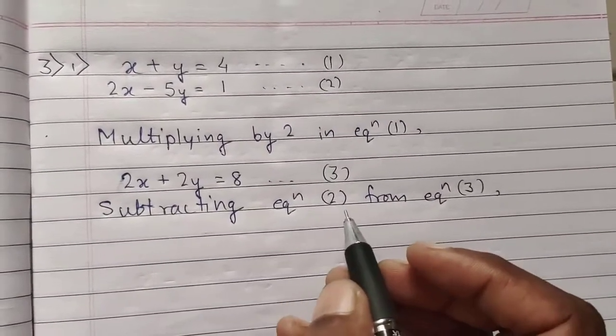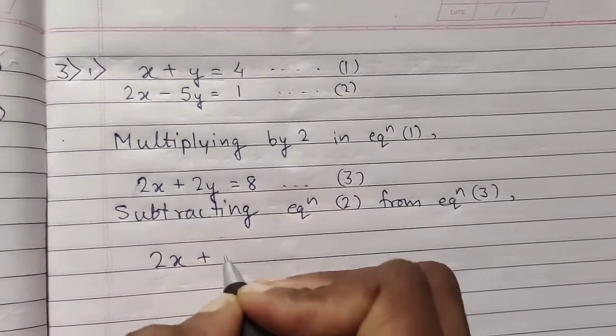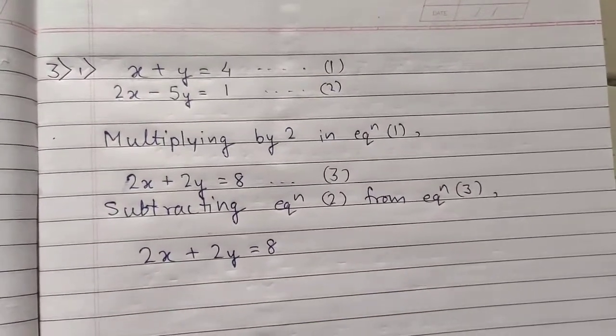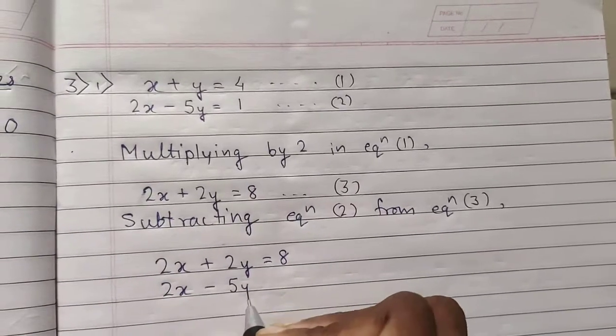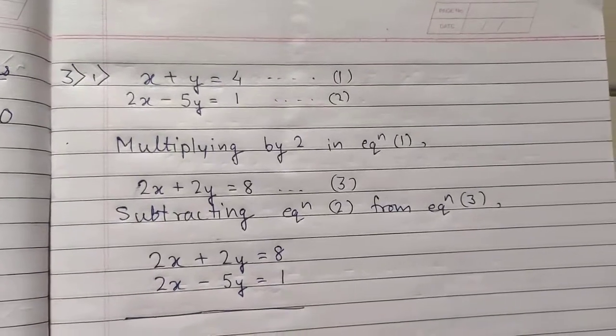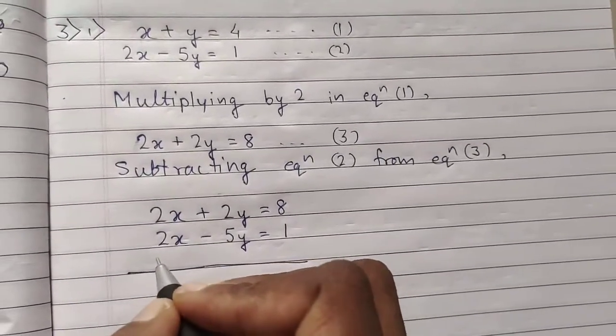Okay, now let us do this. So we are subtracting the second equation from 3, so let us write the third equation first, because from 3 means third will be written first, and then you will write the second equation, that is 2x minus 5y equal to 1. Now students, remember, whenever you are doing subtraction, don't forget to change the sign.